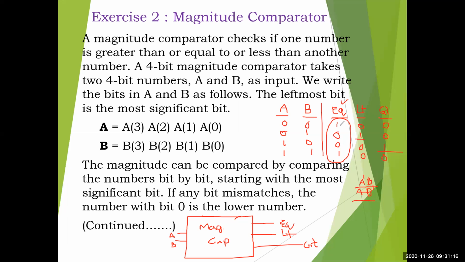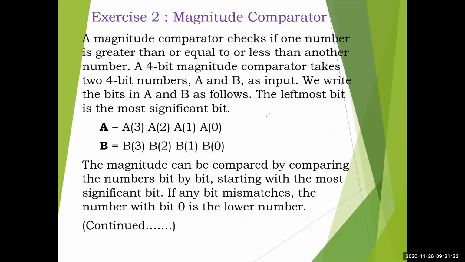Now if you extend the same thing to a 2-bit magnitude comparator, what will happen? Just note this down. I will erase this. If we extend this to 2 bits, the same IO diagram holds good, and the outputs are the same 1 bit each, whereas A and B are now 2 bits.